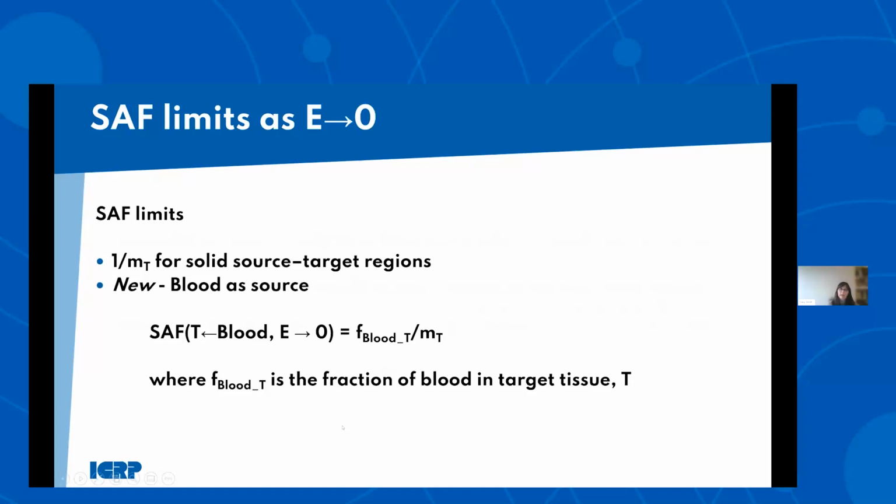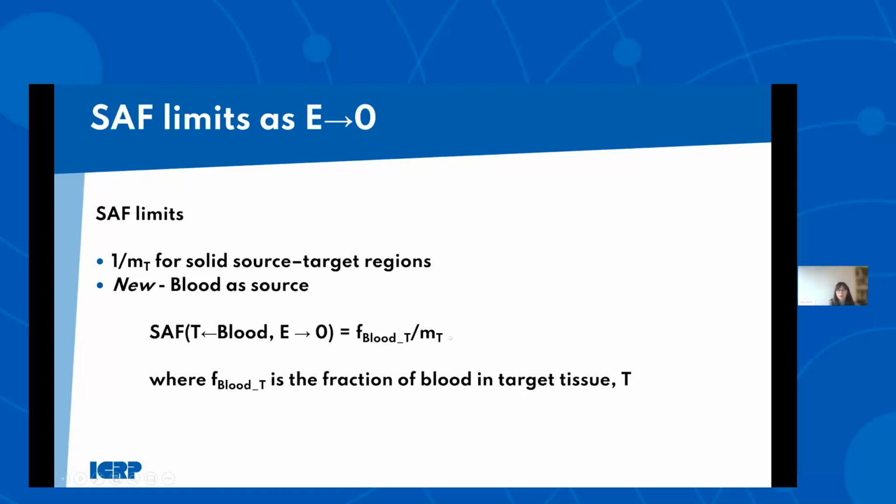Another interesting thing: Derek talked about the inclusion of blood as a source. Now, this has brought about a change to the limit as energy tends to 0. With blood as a source, it's assumed that the limiting SAF will be the fraction of blood in that target tissue over the mass of the target.